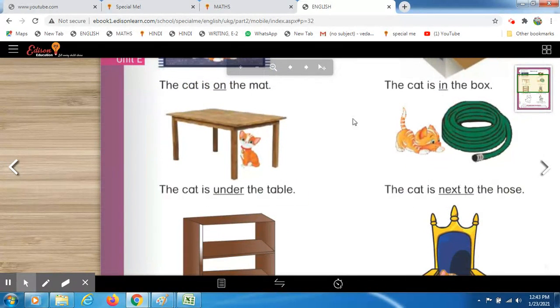Now in the next picture, when something is in, जब कोई चीज किसी चीज के अंदर है and it is covered with all the walls, there we put in. Now here in this picture, see, this is a big table, and the cat is under the table. Under means नीचे, है ना? So the cat is under the table.